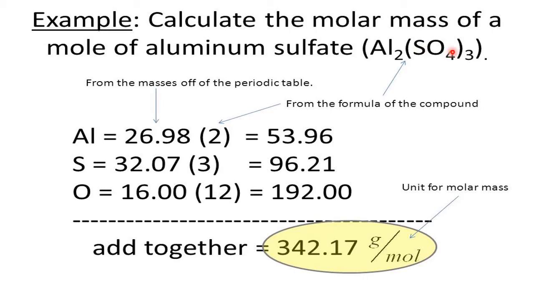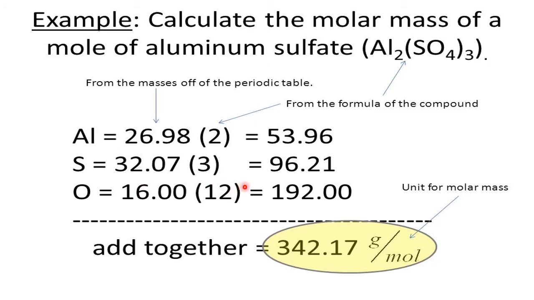If you add all these atomic masses, we get the molecular mass of aluminum sulfate. 2 times the atomic mass of aluminum, 26.98, equals 53.96. 3 times the atomic mass of sulfur, 32.07, equals 96.21, and 12 times the atomic mass of oxygen, 16.